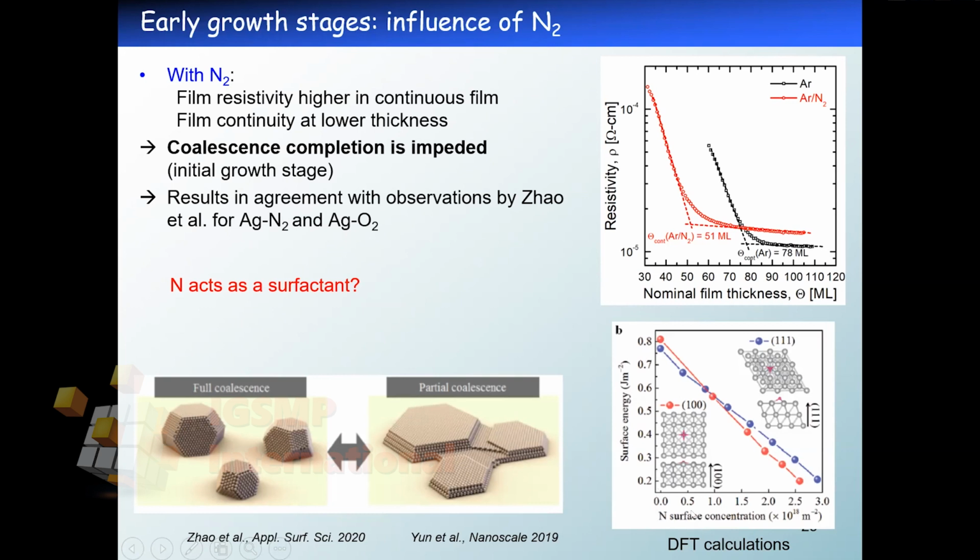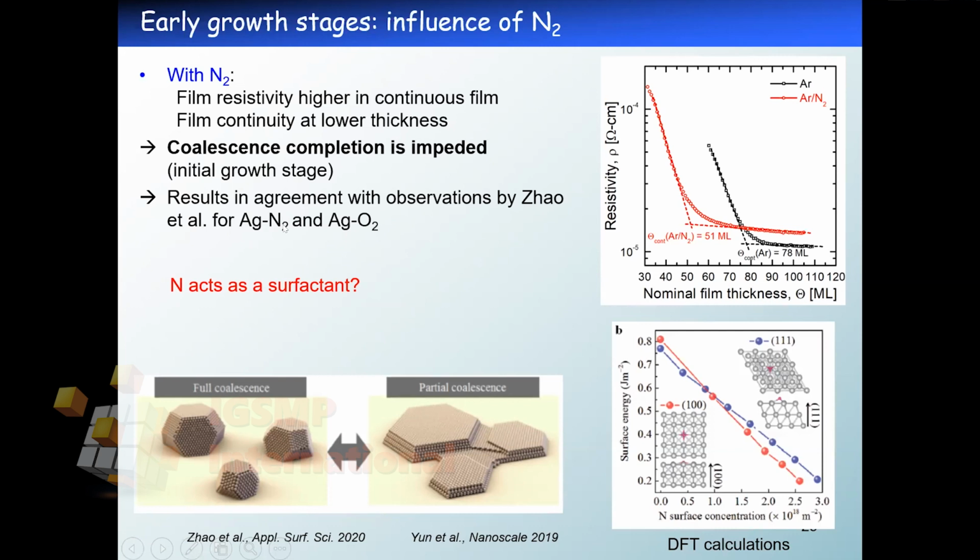You can see that adsorption of nitrogen on some crystallographic surfaces decreases the surface energy. So this is one possibility, and we want to understand it in more detail. So I will not comment more on that. I will just inform you that we obtain similar results by incorporating also a small fraction of oxygen instead of nitrogen.